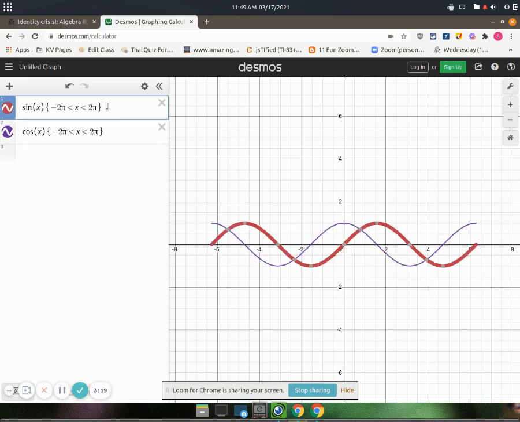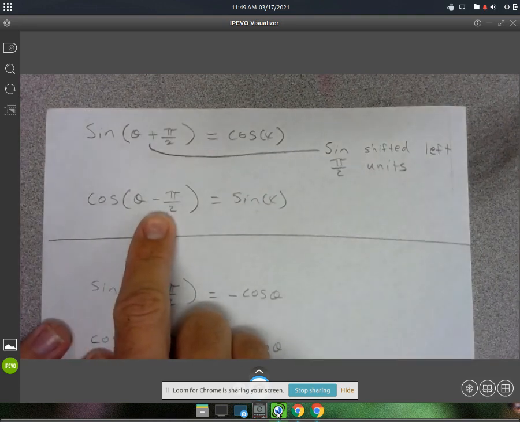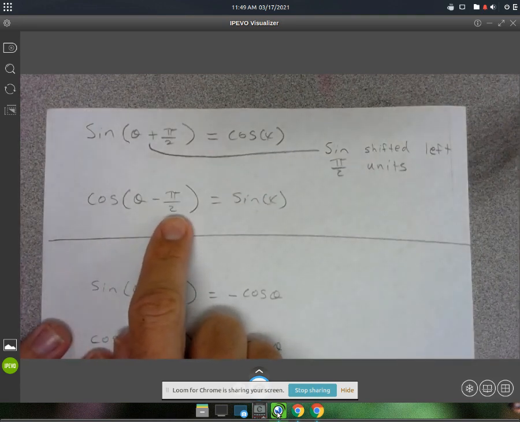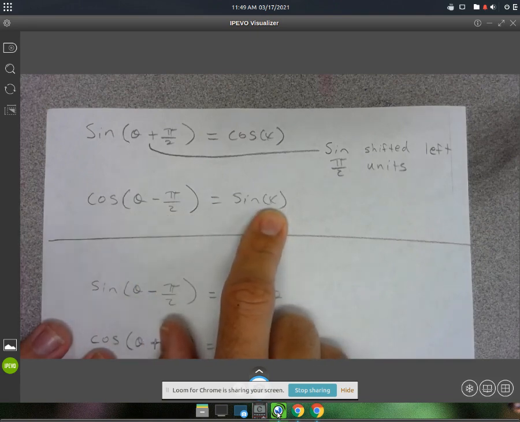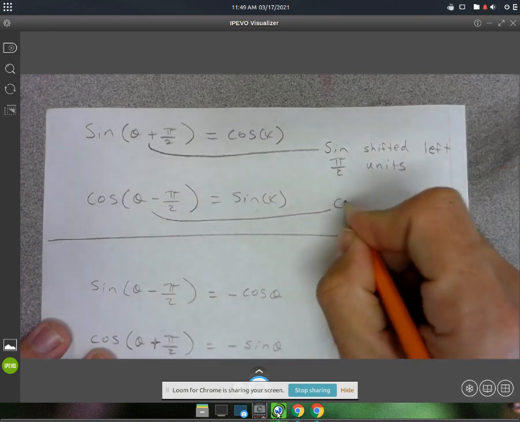The other way of saying it, instead of saying move the red one to the left, you could also say take your cosine function and move it to the right, and you're going to land on sine.